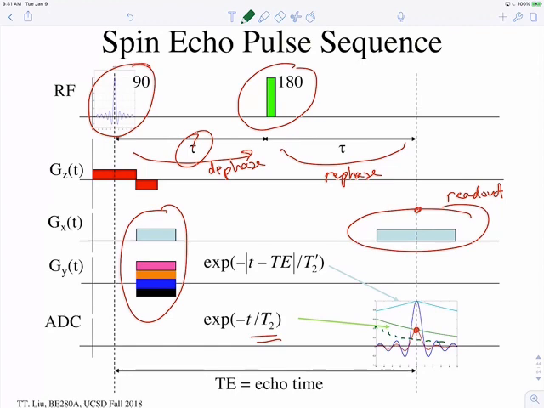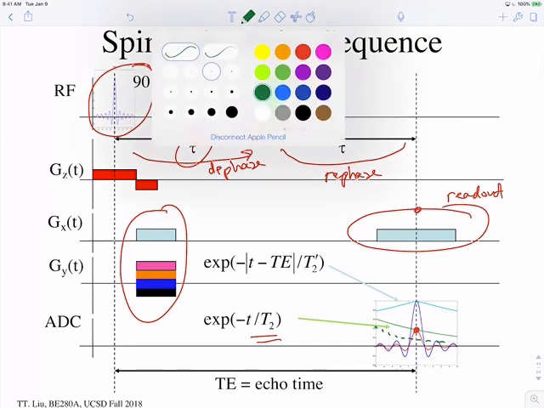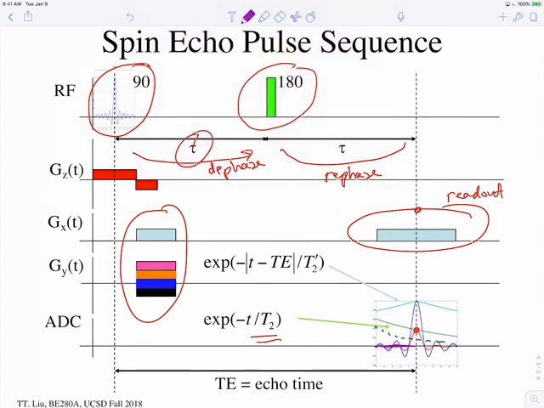So we've reversed at least some of the decay, and so we actually recover some of the signal. In the worst case, for example, at the front of the mouth in that person, if we acquired at this point in time, we'd probably have no signal. All the signal would have died out in the presence of the susceptibility. So this allows us to recover the signal. There's still some decay due to the T2, but at least we recover some signal.